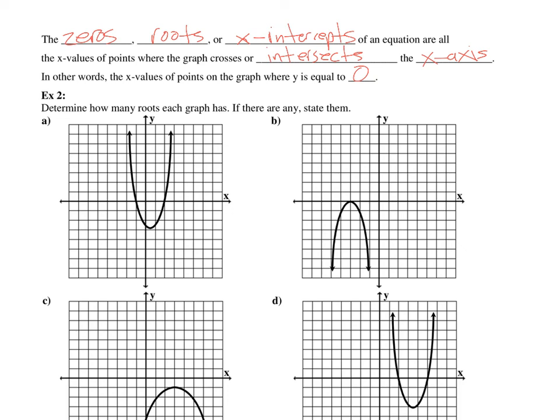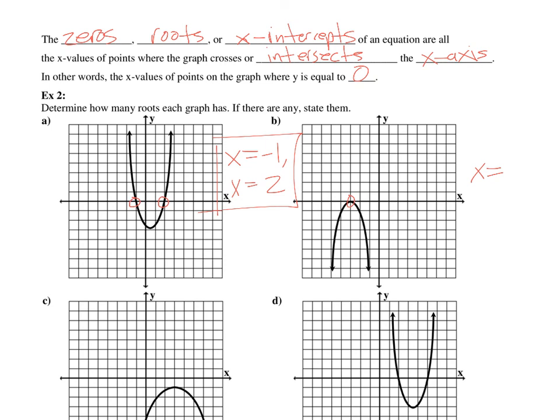All right, here are the roots, or the zeros, where the graph crosses the x-axis. So I have one at negative 1, and I have another at x equals 2. Those are my roots. Then here I have one root. It just touches the x-axis, and then goes back off in another direction.